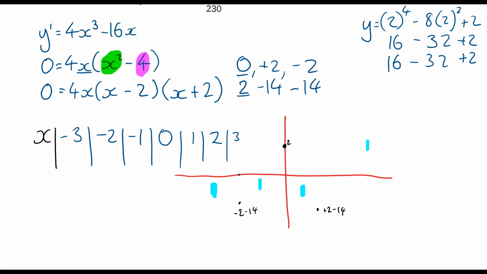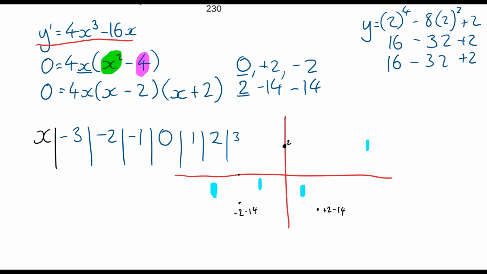-3, just subbing it in. I'll use the gradient here. -3 cubed is -27 times 4, minus 16 times -3.